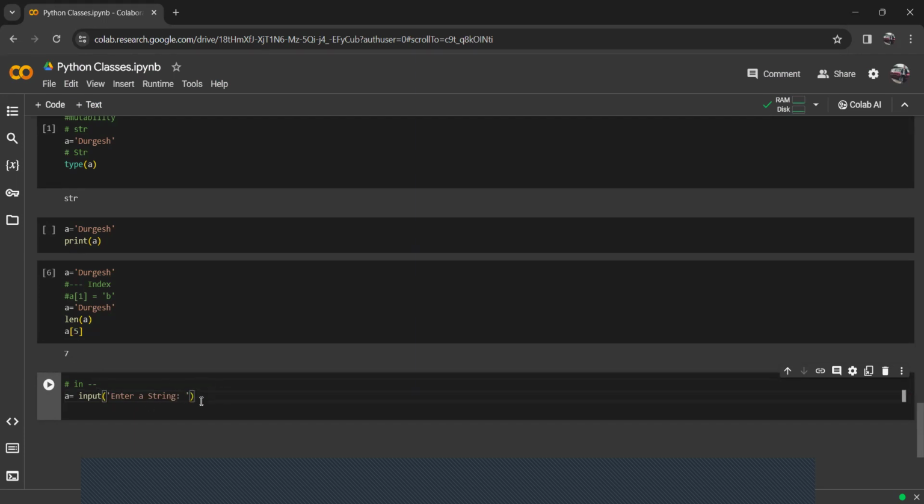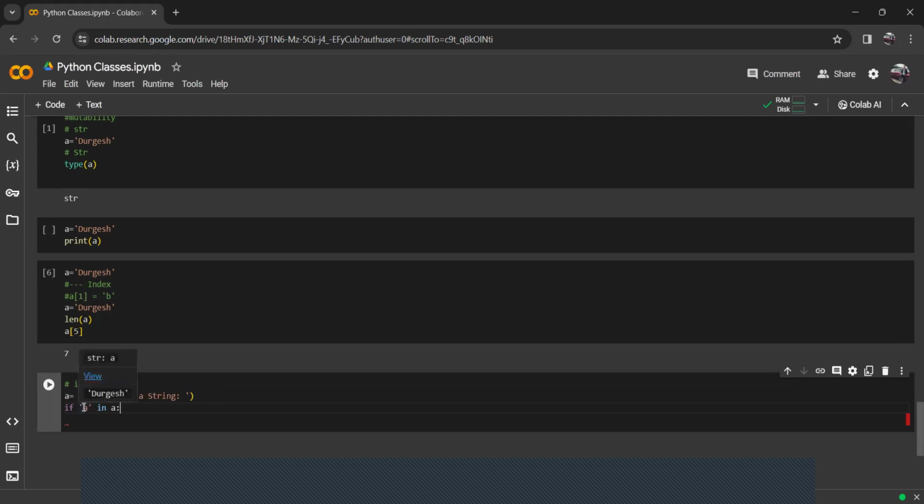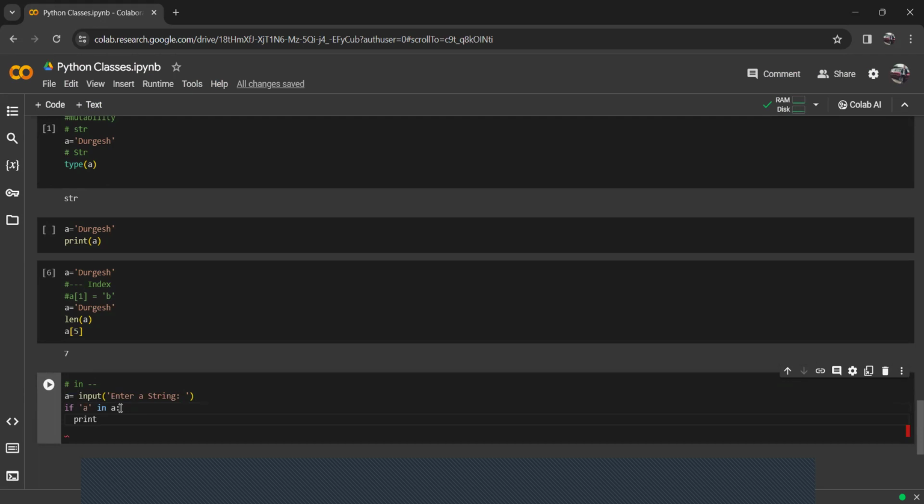Now, in the second line, we will write if, and I will define the value a. If a in a. Now tell me, this a is an alphabet or a string, and this a is my variable. Now I will write print true. Everybody knows why I have given a space here, because in Python there is indentation. You have to follow the indentation in Python.